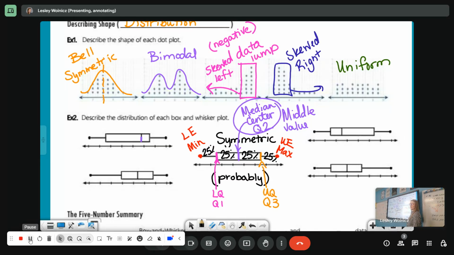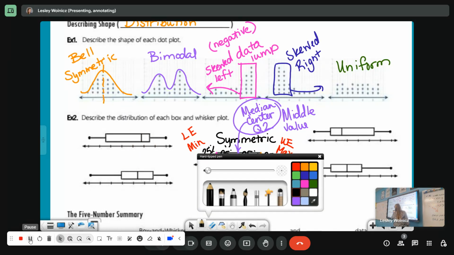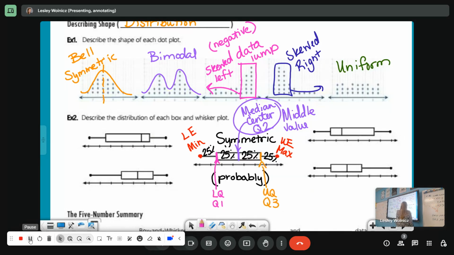Is this all coming back to you? Okay, so this is where it gets dicey, because regardless of how long the whisker is or how big this little box looks, they all still have just 25% of the data in them. So when I look at this, how much of my data is in between my quartile 2 and my quartile 3? 25%.